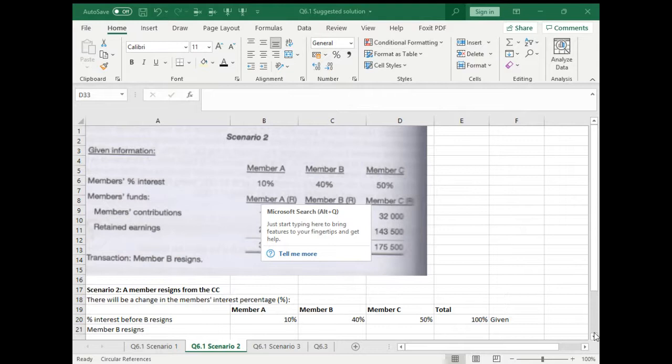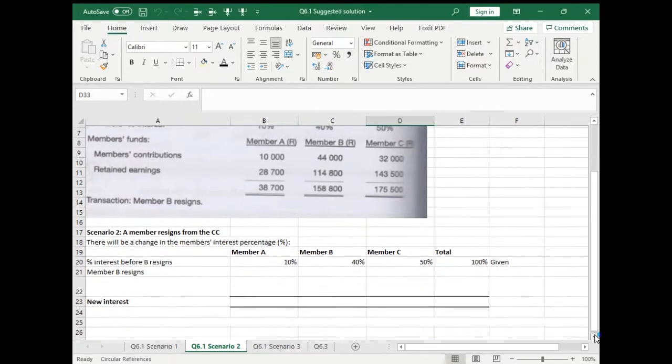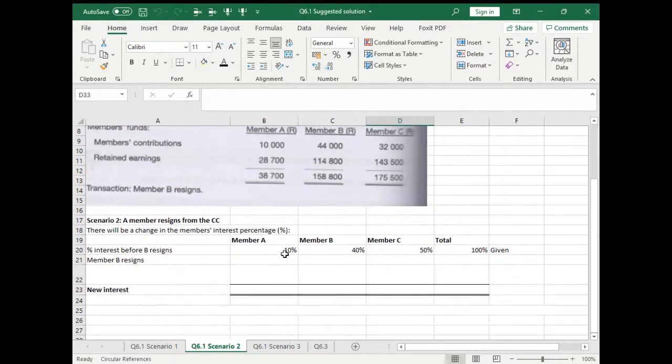Okay, so let's have a look at how do you do the calculation. So we said initially member A had 10%, member B had 40%, member C had 50%. Now, if member B resigns, we know he is disposing of his 40%, which means his new interest is 0.